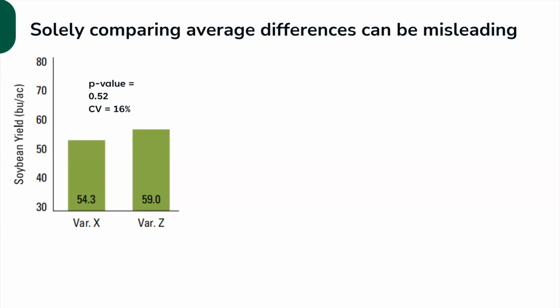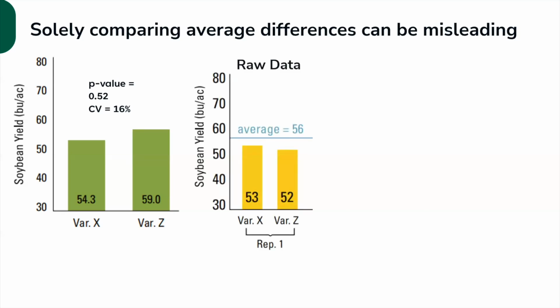But if we see the p-value, the probability related to whether these are actually different, it's 0.52. This is not good enough. So we are going to say that even though they look different, they are not statistically different. Let's try to see what is happening behind this that is causing this difference.